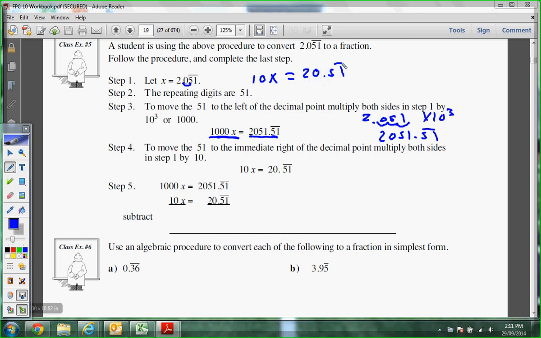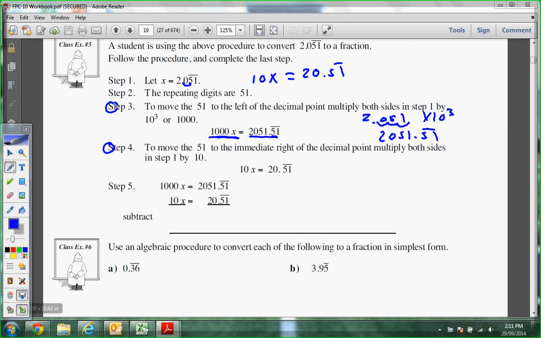Now pay attention, step 4 and step 3 are different. They're different steps, because they're doing that to get these lined up. So what you're going to do is you have 1,000x equals this and 10x equals that.